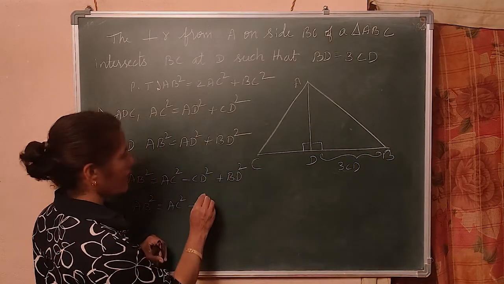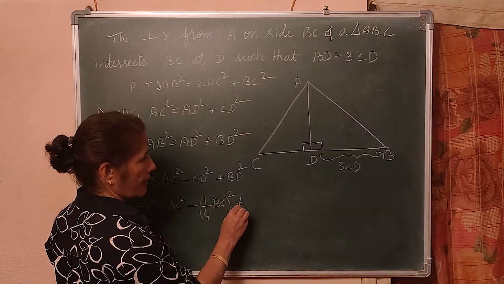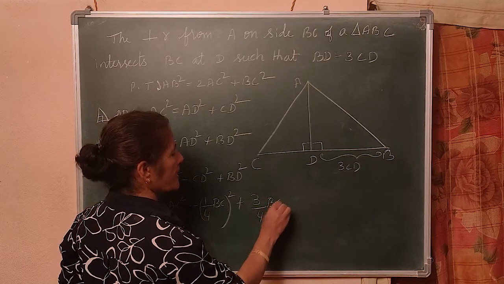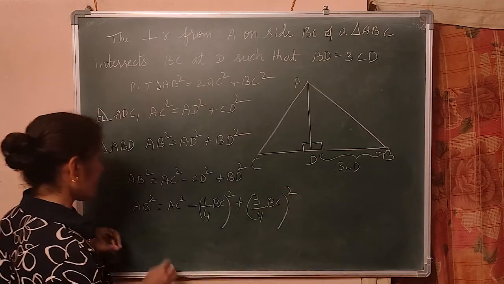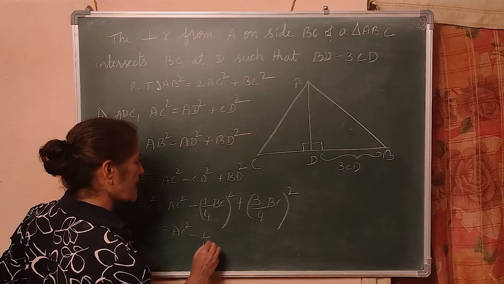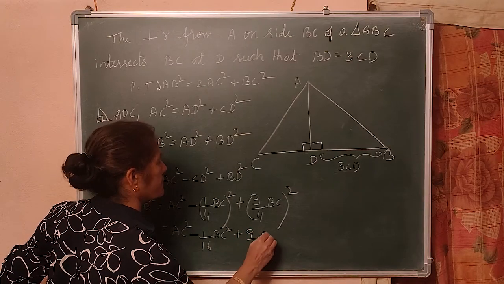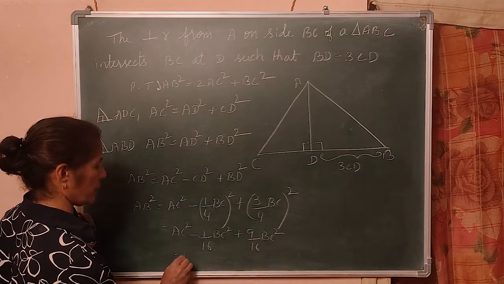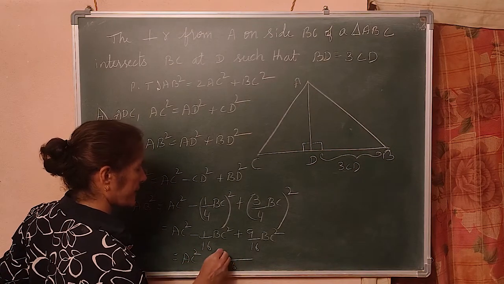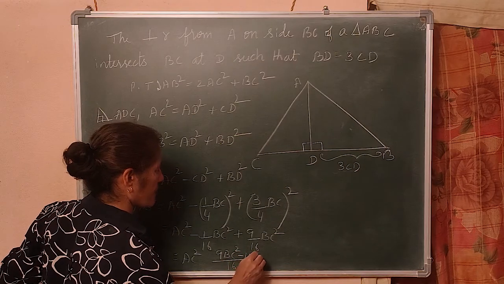I can say CD is 1/4 of BC, the whole squared, plus BD as 3/4 of BC, the whole squared. Correct? This is AC square minus 1/16 BC square plus 9/16 BC square. 16 is the common denominator: 9 BC square minus 1 BC square.